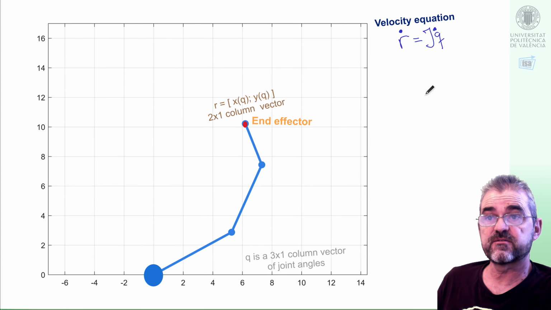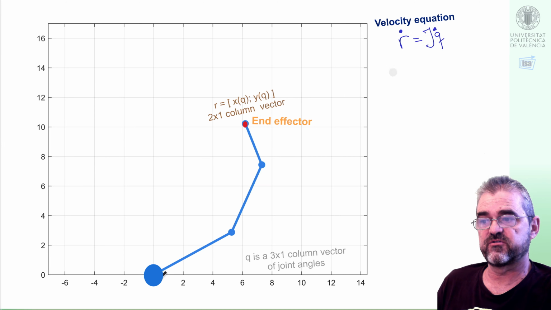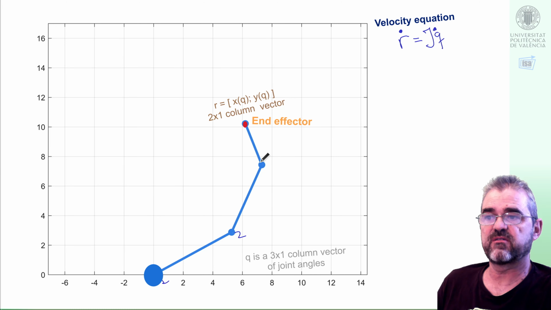In previous videos, if R was defined to be the position of the end-effector, then its speed was the robot Jacobian times the angular speeds of joints 1, 2, and 3.